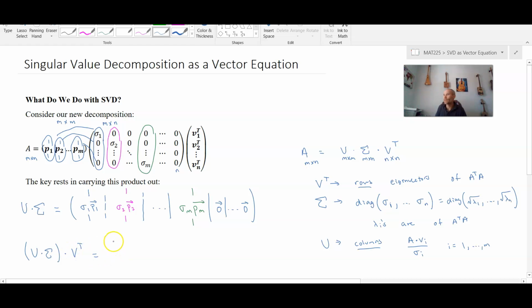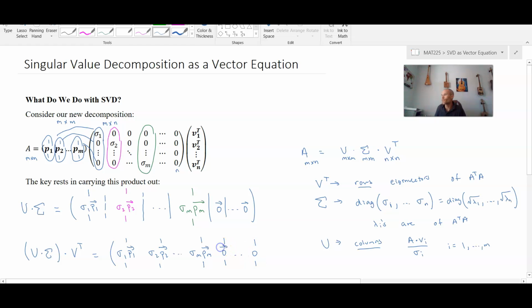So this product will be sigma 1 P1, sigma 2 P2 is the second column, all the way up to sigma M PM, and then a bunch of 0 columns, all the way up to the nth column.